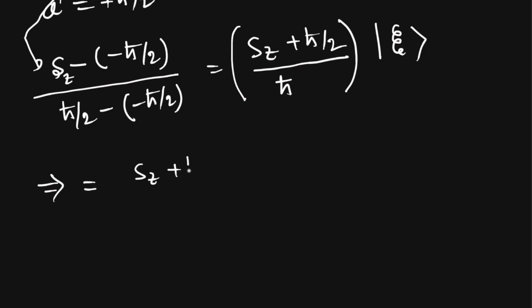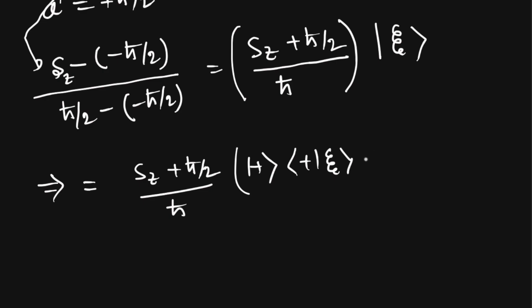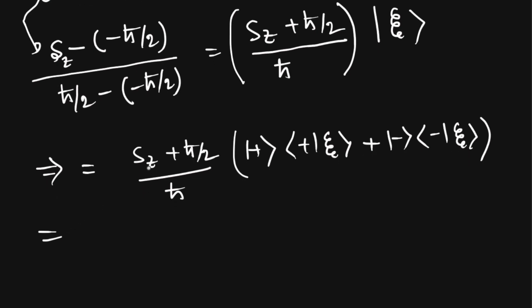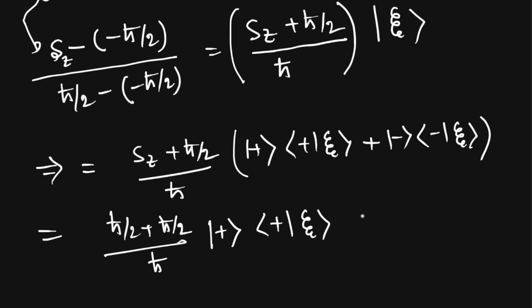We will get (Sz + h cut by 2) over h cut on plus xi, plus minus psi. That means it will give (h cut by 2 plus h cut by 2) over h cut on plus xi, and on the second term it will give (minus h cut by 2 plus h cut by 2) over h cut on minus psi.